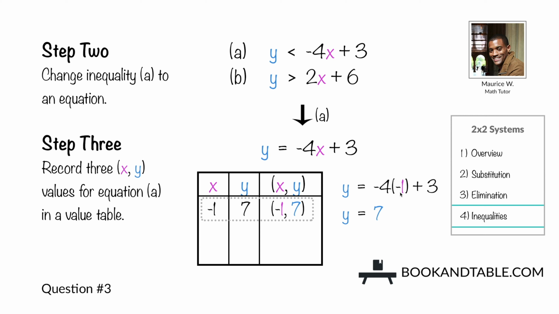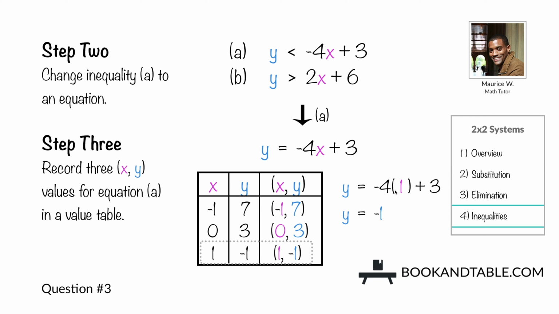So when x is -1, y is -4 times -1, which is 4. 4 plus 3 is equal to 7. So when x is -1, y is 7. We then plug in 0 for x, giving us -4 times 0, which is 0. 0 plus 3 is equal to 3. So the second point in the value table is 0, 3.